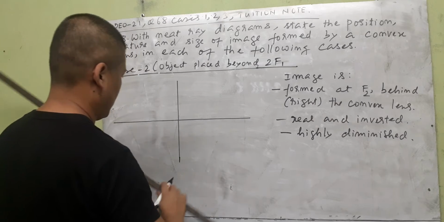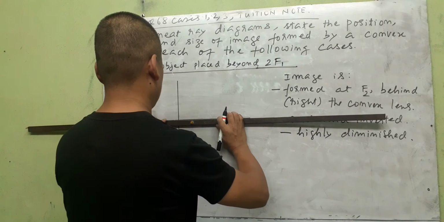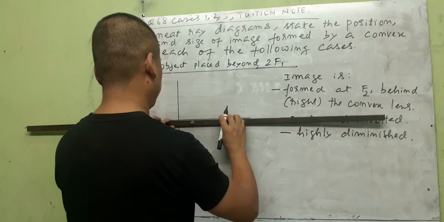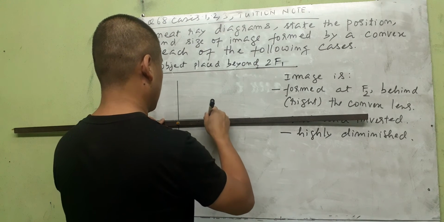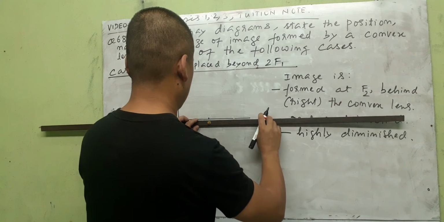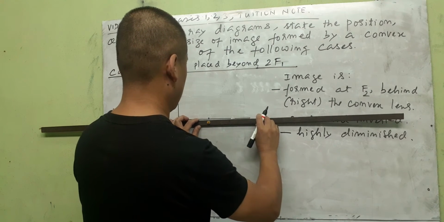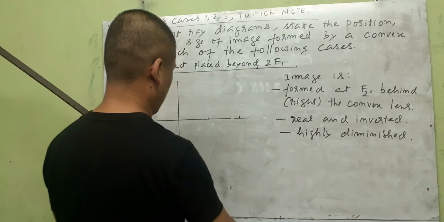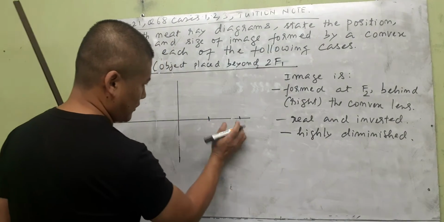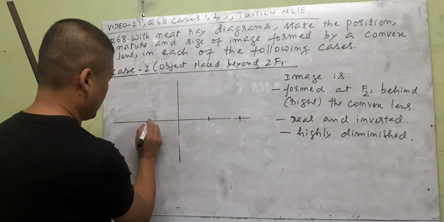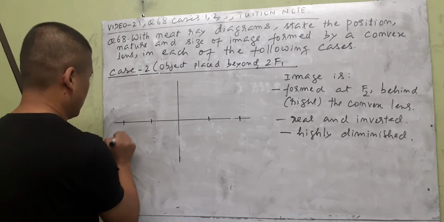And then here, maybe 2 centimeters. 2 centimeters is a good distance. So this 2 means this side is also 2, and on the other side also 2, then 2.